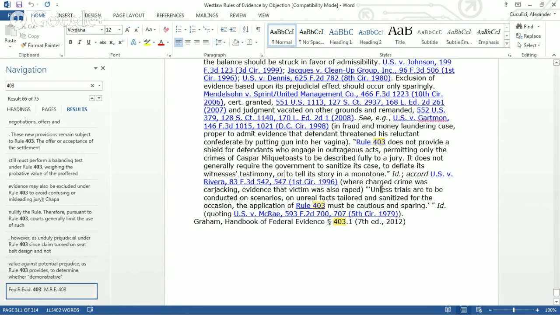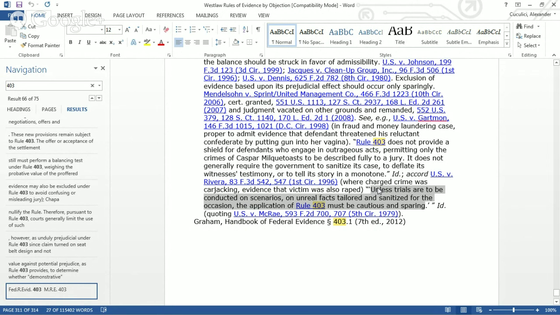Use it sparingly, as it says here in this next one. Unless trials are to be conducted on scenarios, on unreal facts tailored and sanitized for the occasion, the application of Rule 403 must be cautious and sparing. The idea here is that real things happen, real things that inflame people's passions, that get people emotional, that get people angry. And if 403 were to be used as some people, especially defense attorneys, would like, then all of those testimonies would have to be sanitized, as the legal community has kind of grasped onto that word.